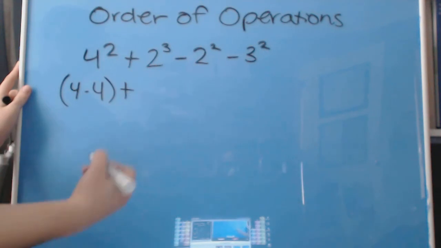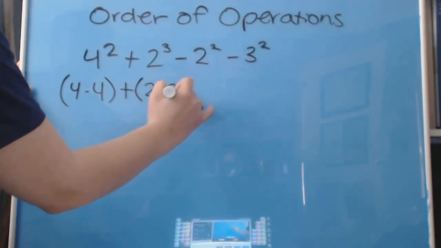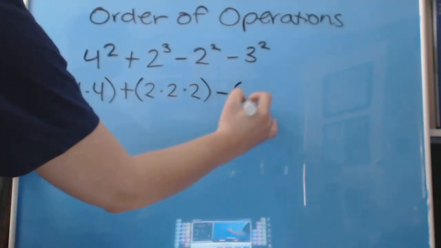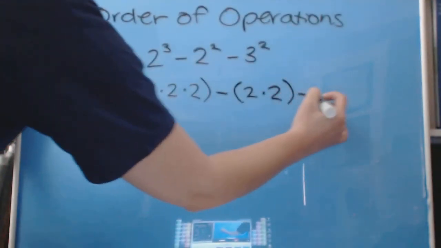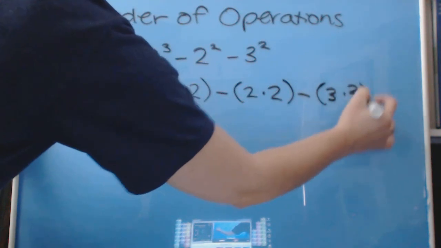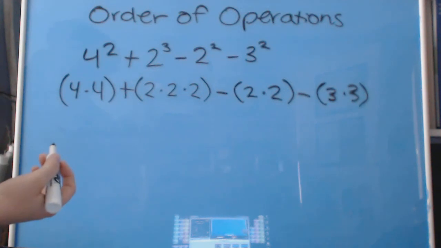We keep the addition sign there. This is going to be 2 multiplied by 2 multiplied by 2, minus 2 multiplied by 2, minus 3 multiplied by 3. Sure, now it looks all big, long, and ugly, but this is personally how I like to do things and the easiest way to do this if you want to be able to keep track of your work.